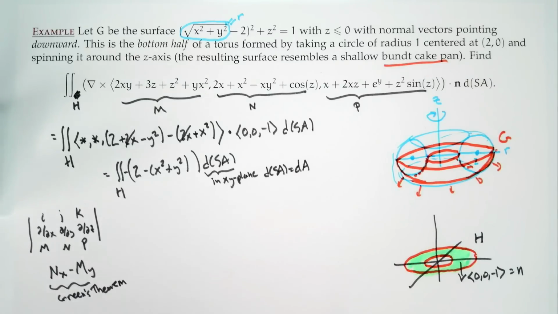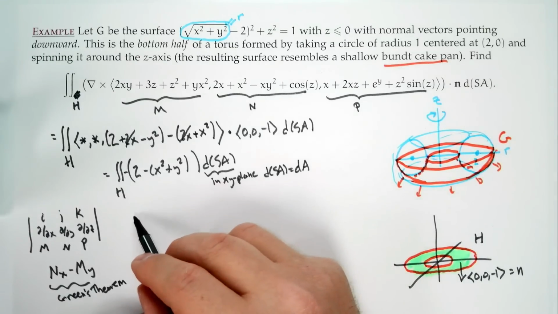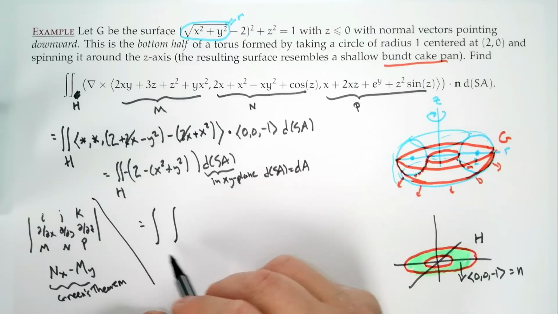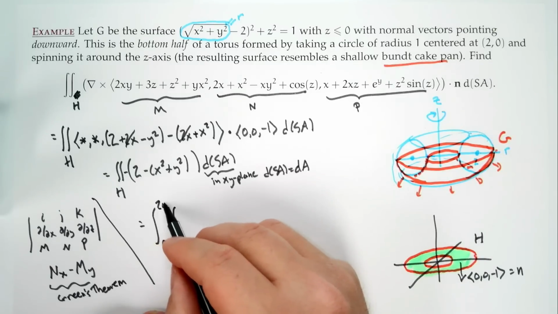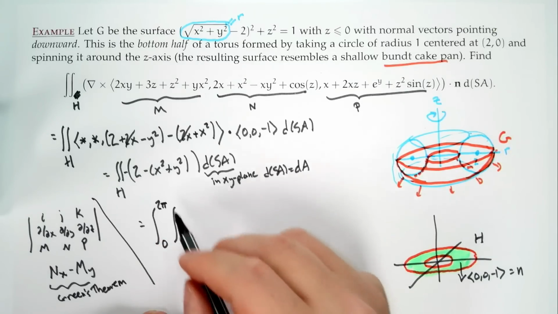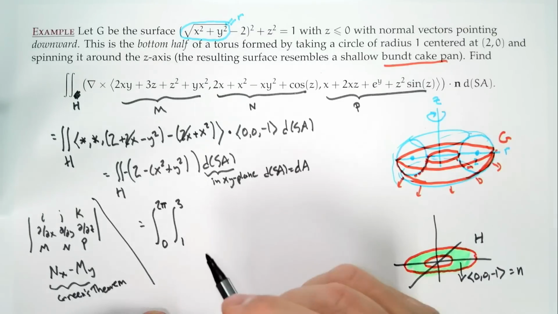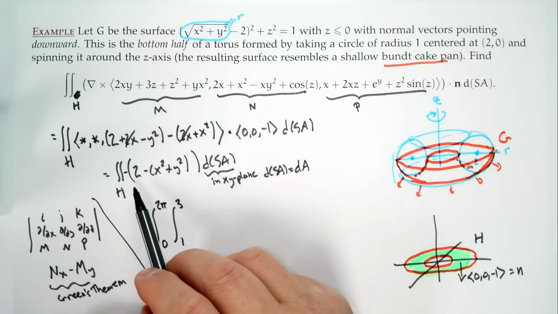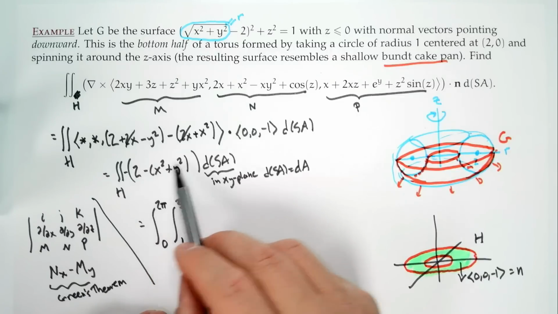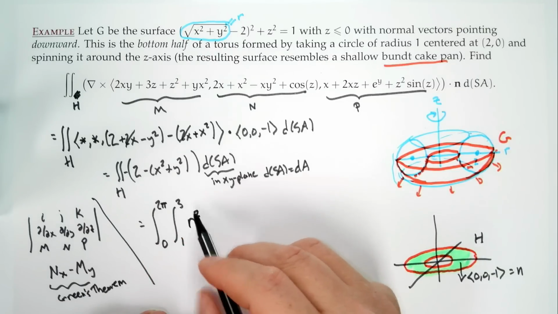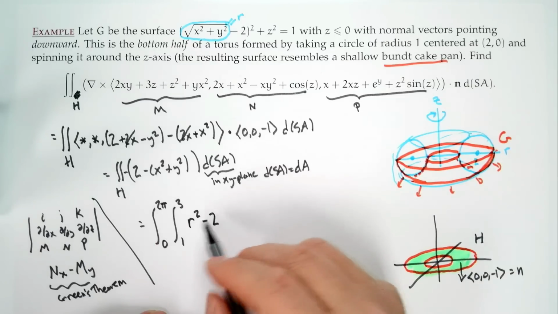So what's our region? We're going between a circle of radius 1 and a circle of radius 3. That says polar, so we're going to switch to polar. We go 0 to 2 pi, and then from 1 to 3, all the way around between circles of radius 1 and 3. Now this part becomes r squared, minus minus, so it's plus r squared, and minus 2.